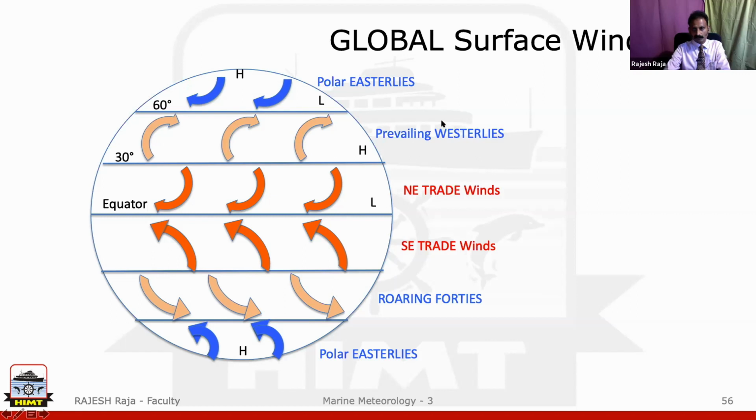The name given to this in the northern hemisphere is prevailing westerlies, and in the southern it is called roaring 40s, because everything happens around the 40-degree south latitude. So this is your global wind pattern, which matters a lot. Please remember, all your depressions and low pressures get affected by these wind patterns on a global scale.